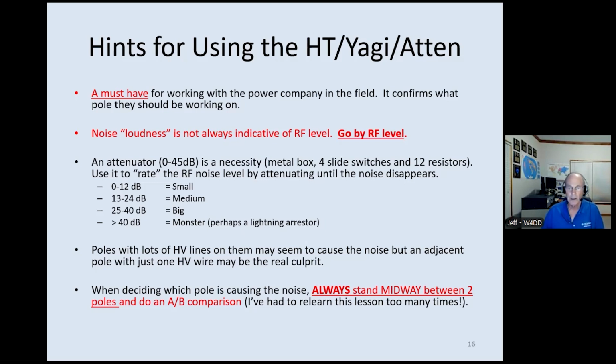And the other thing is that attenuator is going to be a great asset. What I do is I flip in enough attenuation where I only hear the noise in one direction. So it's a very binary thing when I'm hunting power line noise. I put in 30, 40 dB of attenuation, and all of a sudden I don't hear anything except when I'm pointing at the exact direction the noise is coming from.